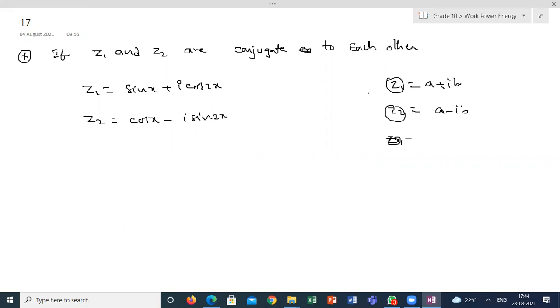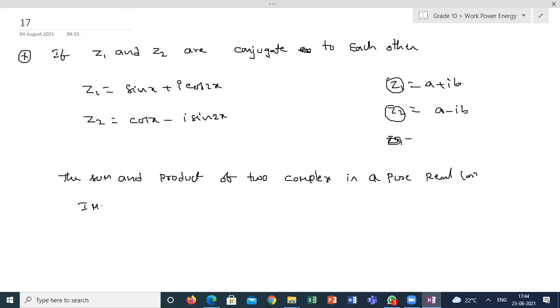The definition of the conjugate complex number is that the sum and product of two complex numbers are pure real, or the imaginary part is 0.